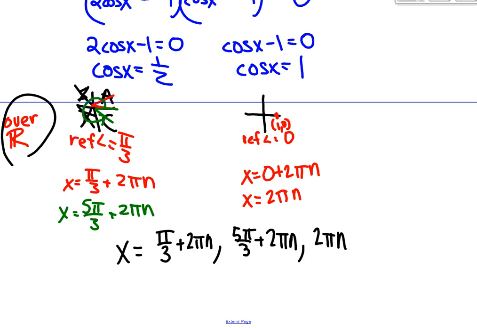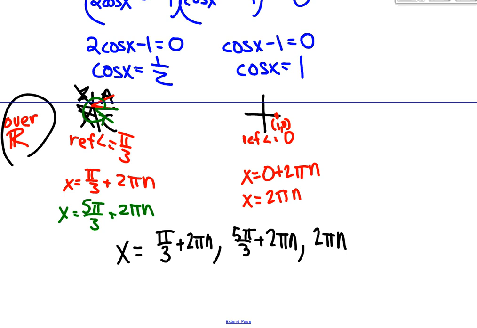If it had just been in the interval from 0 to 2 pi, we would have just had these 3 answers: pi over 3, 0, or 0, pi over 3, and 5 pi over 3. But it didn't give us that interval option, and so we had to give all of those.